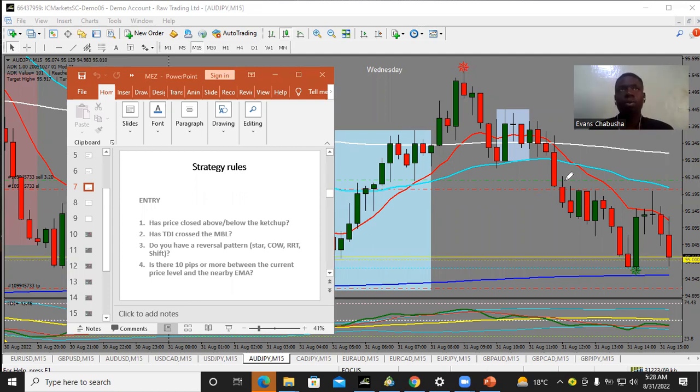So for you to remove the emotions, of course, you cannot remove all the emotions in your trading because they are part of you. But for you to control your emotions, you have to trade in probabilities. So when you enter a trade there, you know that there is a probability that this trade I'm going to lose.